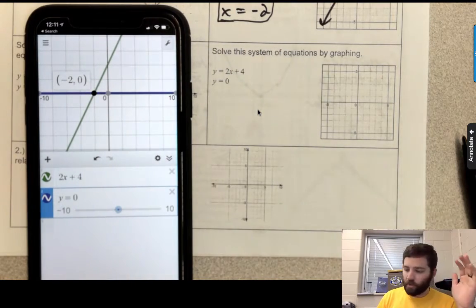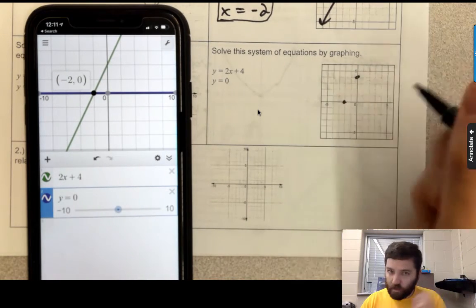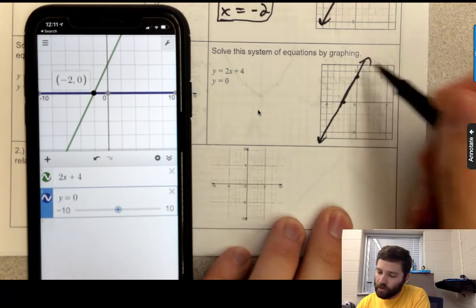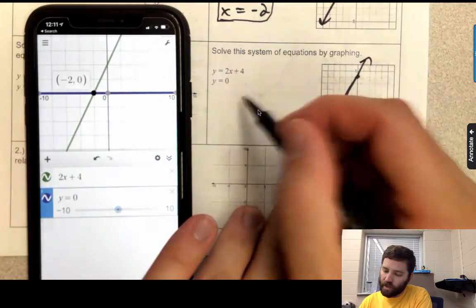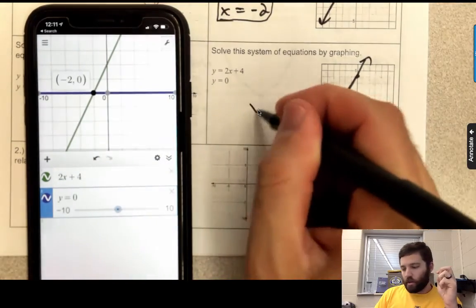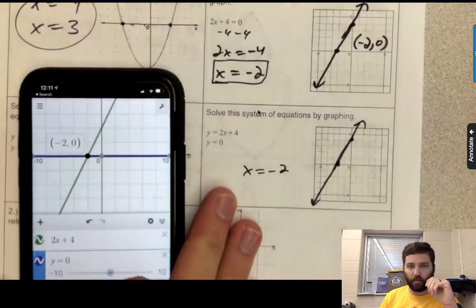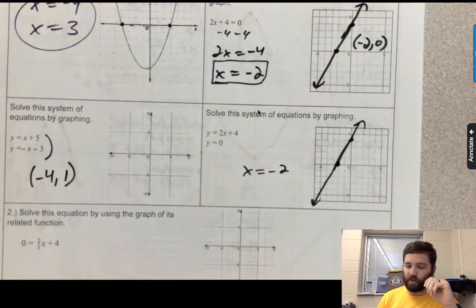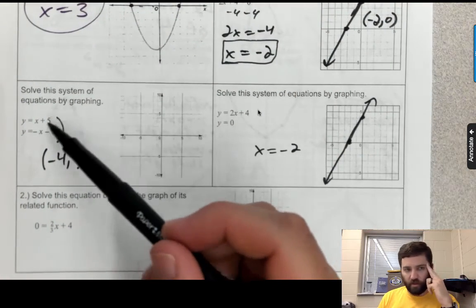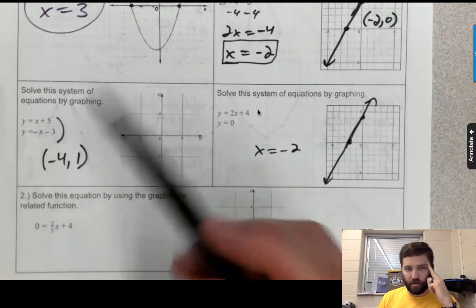Okay, so what should we take away from this? We can sketch the graph of this if we take a second. There's your solution, at negative 2. What I have found out is that if I want to solve a system of equations, and this is review, you graph both of them together and find where they cross.